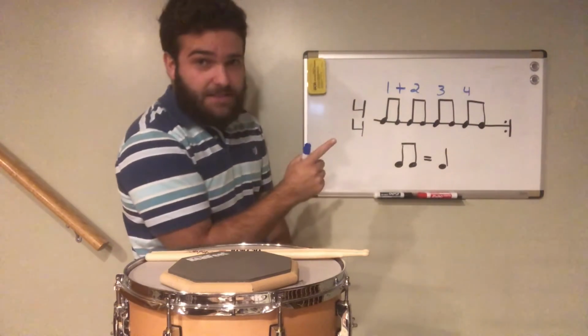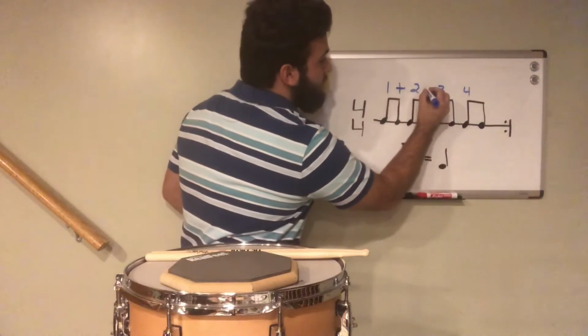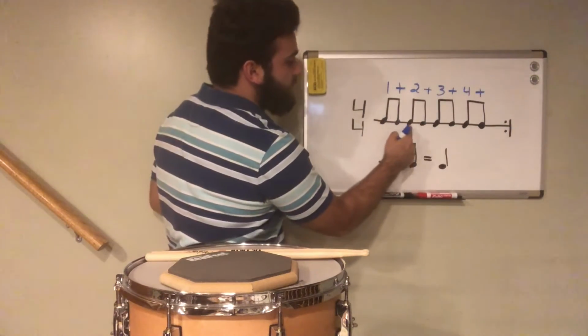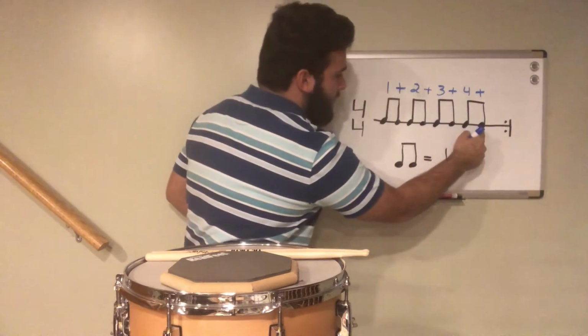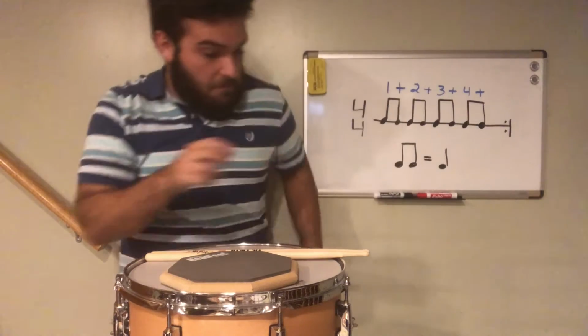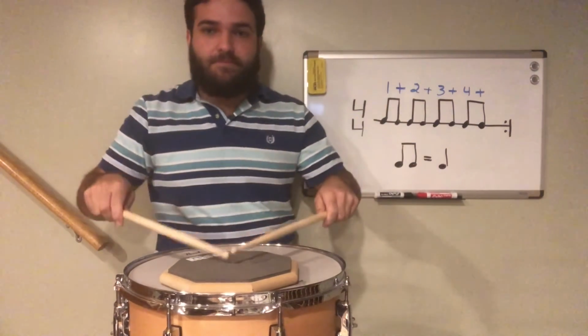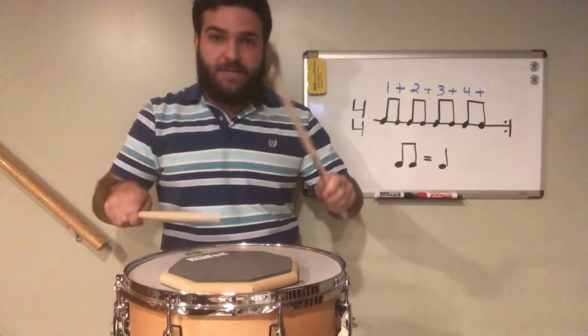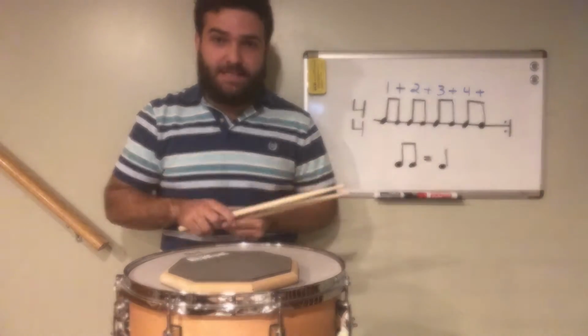So if we were to count this, it would go 1 and 2 and 3 and 4 and. So I will play that through. Ready? 1 and 2 and 3 and 4. Just like that.